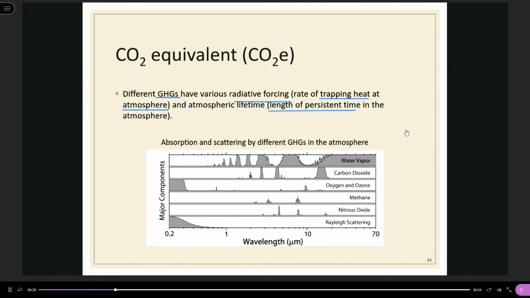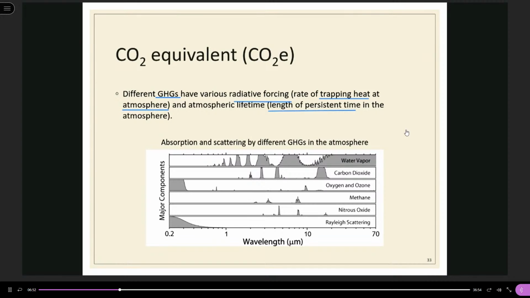This figure shows the absorption and scattering by different greenhouse gases in the atmosphere. The sunlight is a kind of radiation, and radiation is a kind of wave. So it shows a spectrum of the radiation.